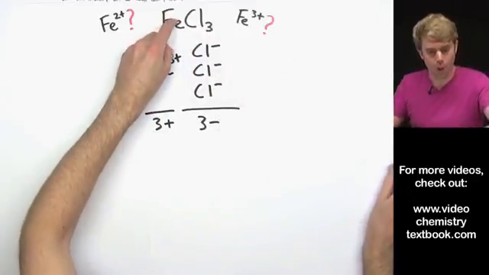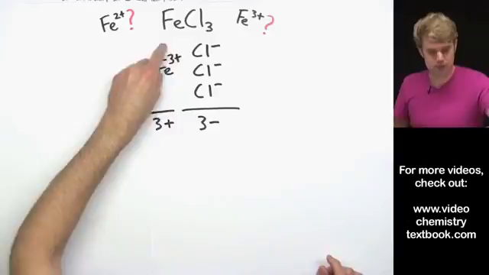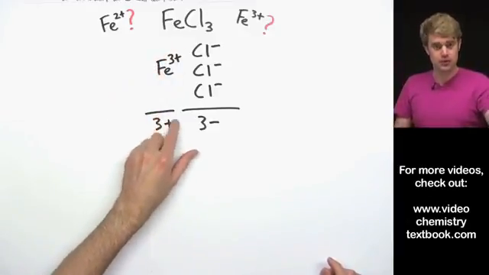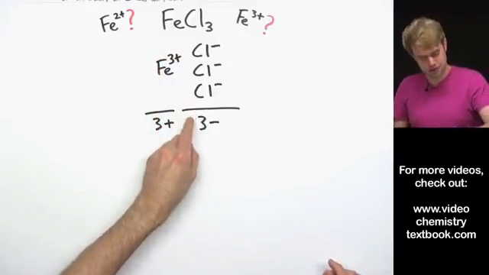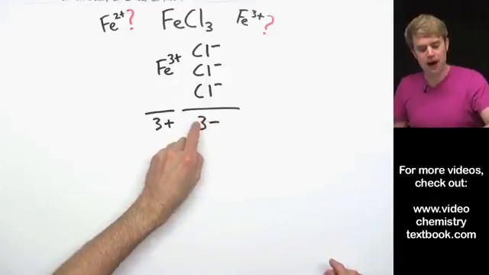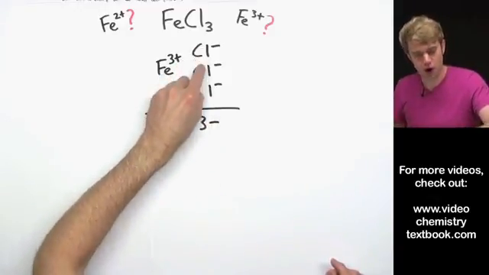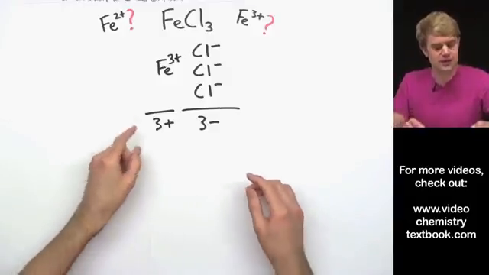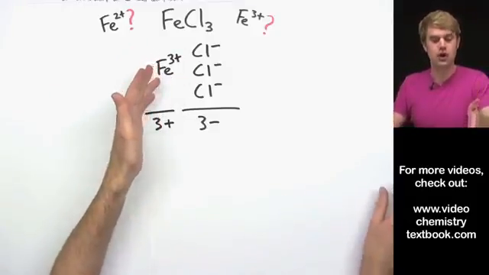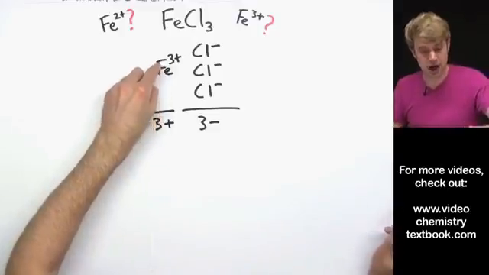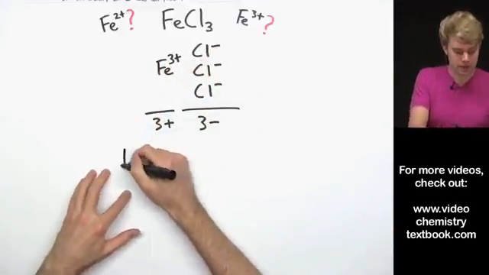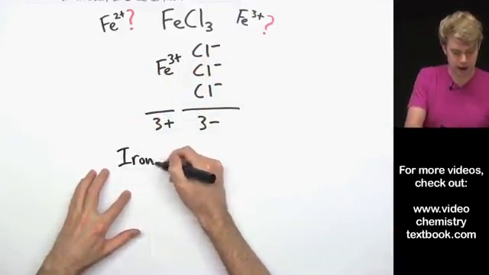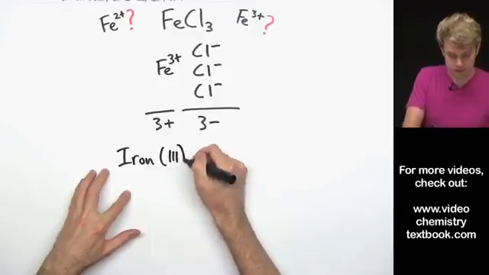Okay? So 1 ion of Fe3+ gives us 3+ of charge, which has to be balanced out by the 3- over here, which is distributed over the 3 Cl-. So that's how we figure out the charge on iron. And since this is iron 3+, the name for this compound is going to be iron(III).